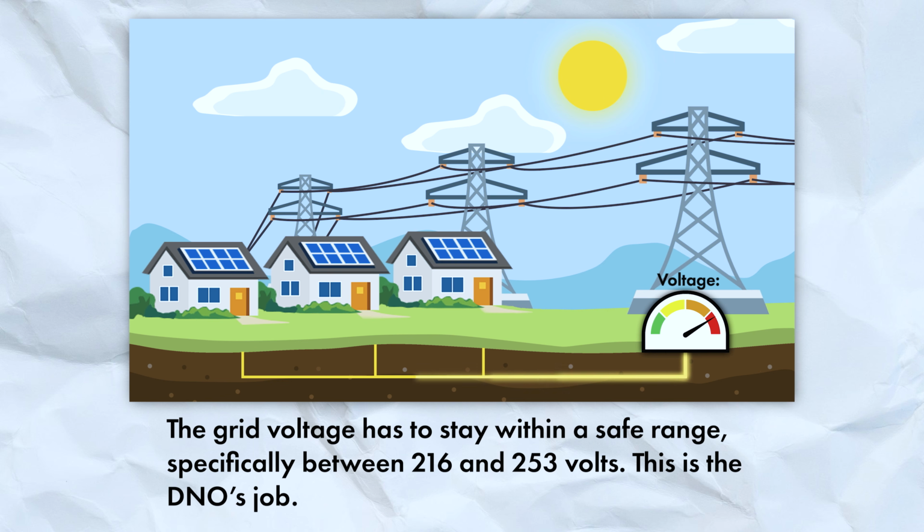The grid voltage has to stay within a safe range, specifically between 216 and 253 volts, and it's the DNO's job to make sure this happens. To check this, they model the worst case, which is your system exporting at full power on a sunny day, while other systems nearby are lightly exporting too.